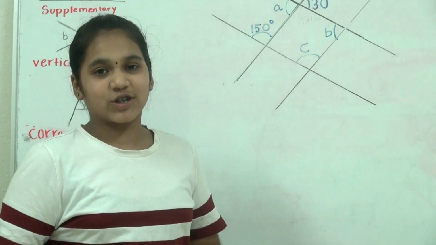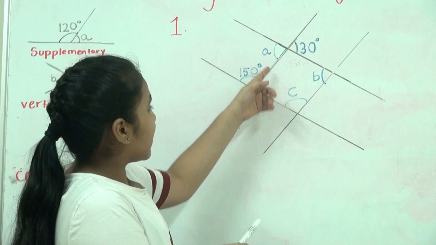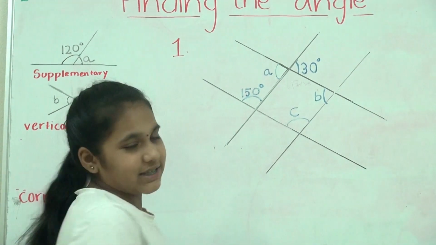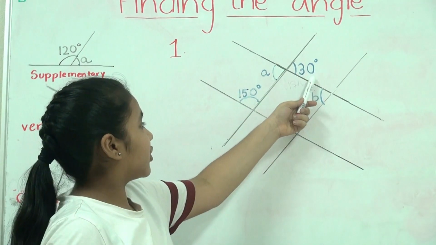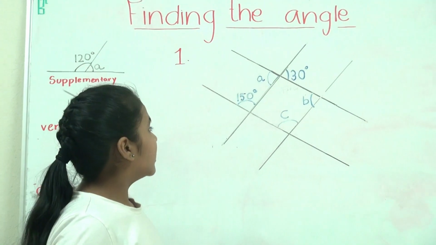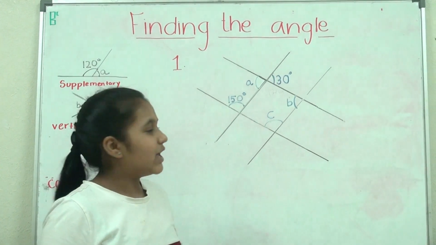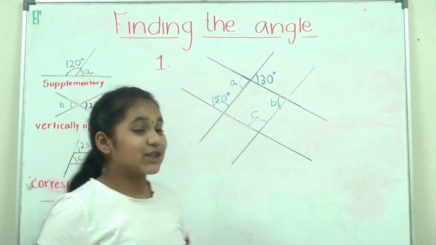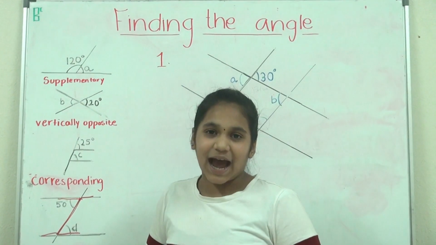Here we have the first question. Now we need to find angles A, B, and C. And we have been given 2 angles, 30 degrees and 150 degrees. Now let us start finding angle A. It is quite easy, as we learned over here, the vertically opposite angles.